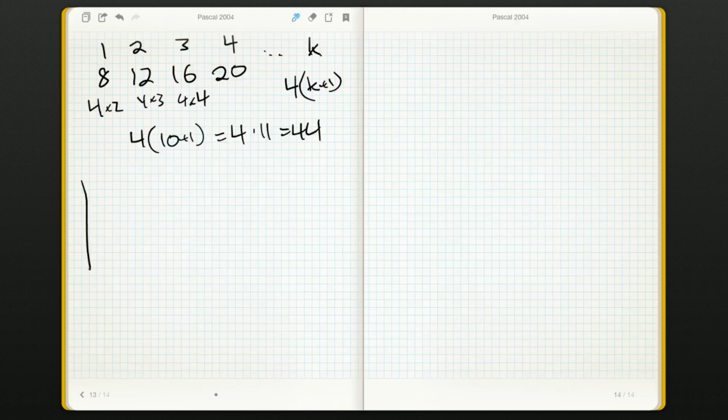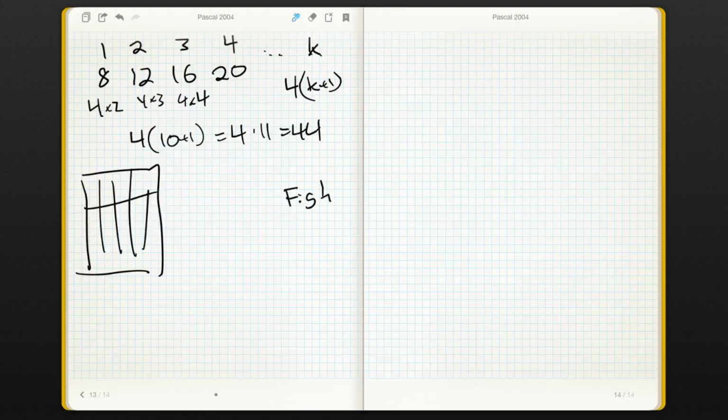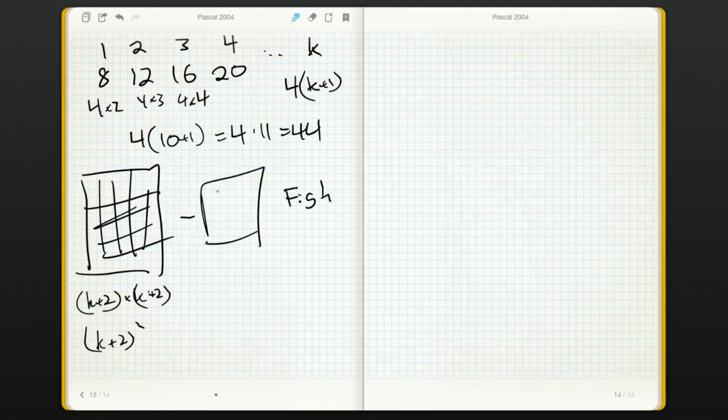Or we could realize that in general, figure k is a k plus 2 by k plus 2 grid, and that has how many squares in it? k plus 2 squared. And we would subtract off a smaller k by k grid, which has k squared squares, and we'd be able to work that out as well.